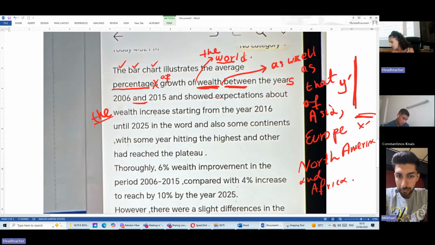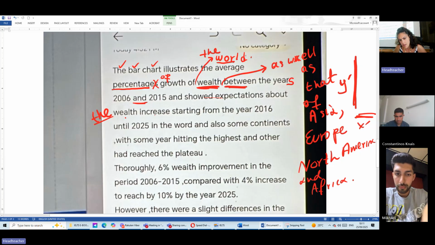Do you think it's okay to say the wealth increase? Do you think it's okay? How would you say it in a different way? The expectation shows expectation, predictions, projections.